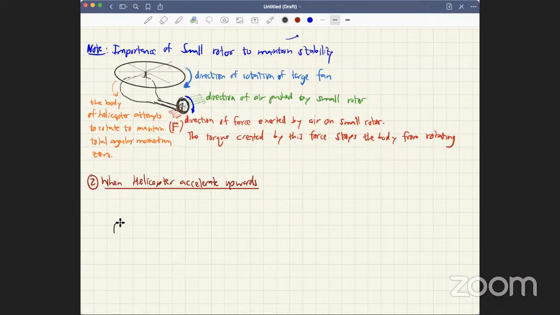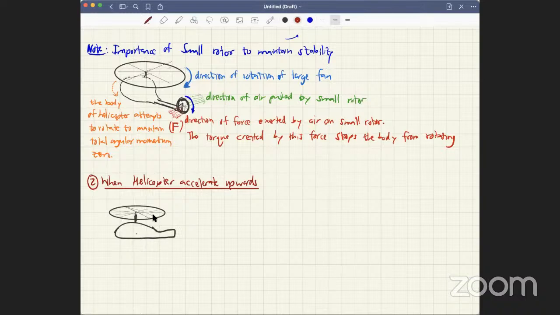So maybe we can draw a rough diagram of the helicopter. Does it look like a helicopter or an aeroplane? Okay. Right, sorry. The helicopter is rotating and there will be a lift force and there will be mg.